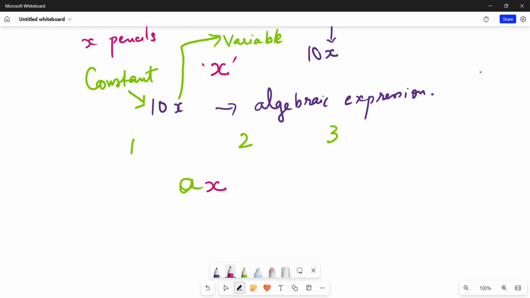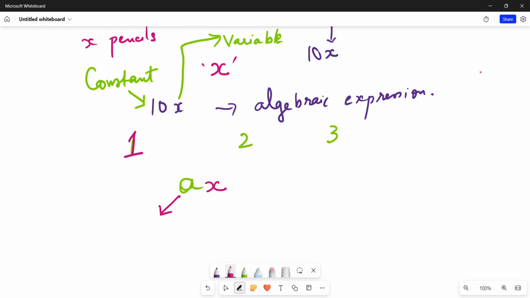There's a difference between the letter denoting a constant and the letter denoting a variable. You may wonder, this is also an alphabet, this X is also an alphabet. But there is a difference. The value of the constant A remains the same in a particular situation. In our case, in shop number 1, the value of A remains the same, but it varies in shop number 2.